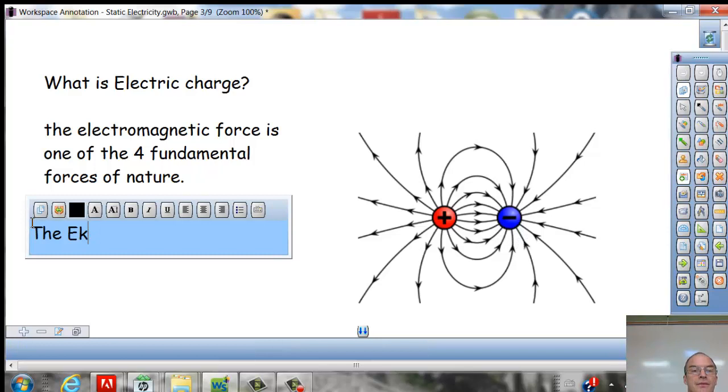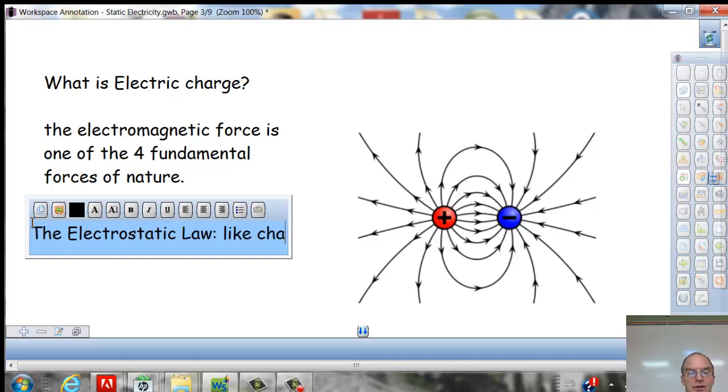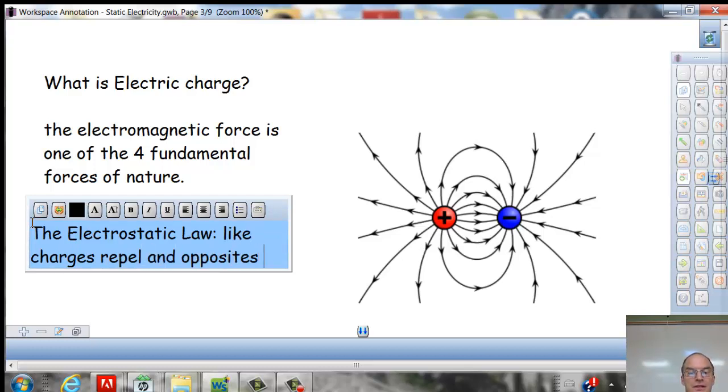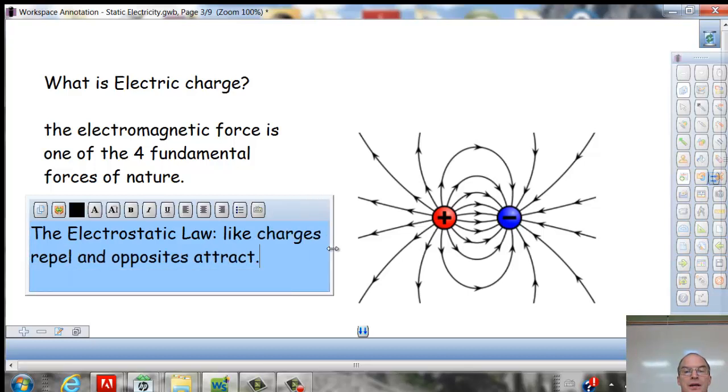The electrostatic law states that like charges repel and opposites attract. And of course, you've all experienced this on a very cold, dry day. If you pull a sweater over your head very quickly, this is what happens to your hair.